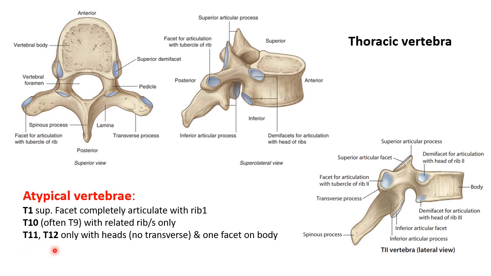T11 and T12 articulate only with the head. Now, each vertebra has 2 articulations with each rib, with the head and with the tubercle, and we will see this when we discuss the articulations. T11 and T12 articulate only with the heads, with the body. They have no articulations with the transverse process, because the transverse process also has a facet for articulation.